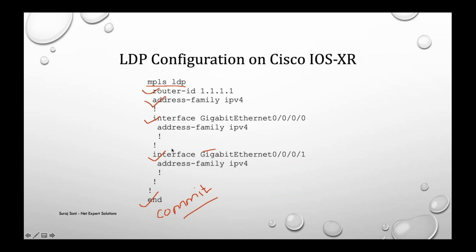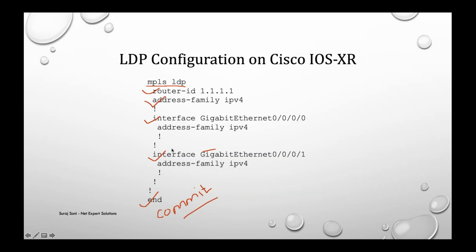For your information, IOS XR is a process-oriented operating system. Each and every service and application running on IOS XR is actually running as a process. So you can stop a process, start an individual process, or upgrade an individual process. Like you can stop BGP, you can start BGP, and it will not affect OSPF.